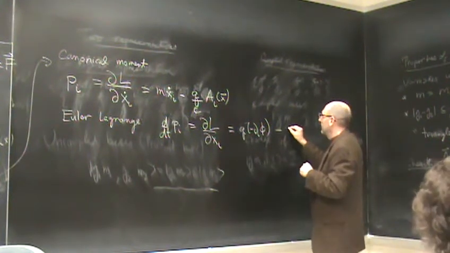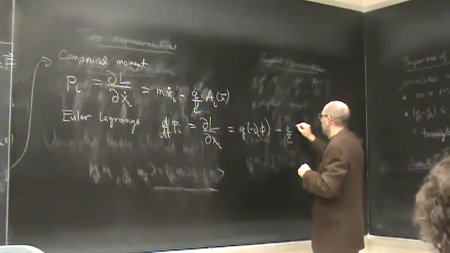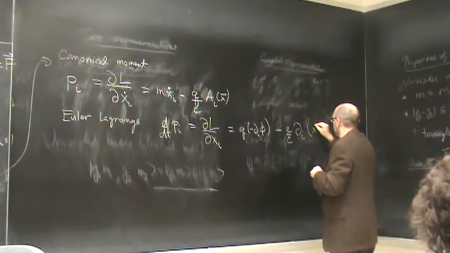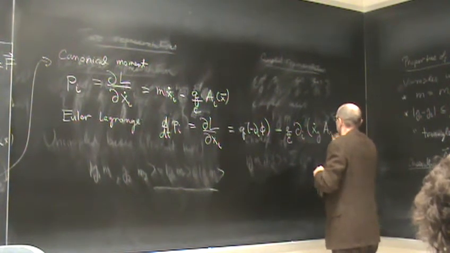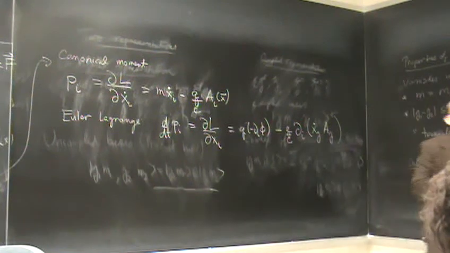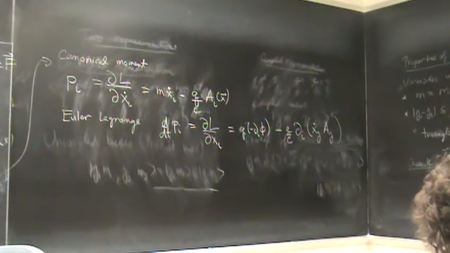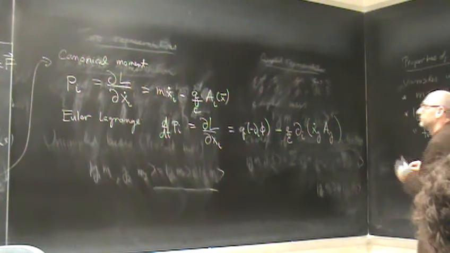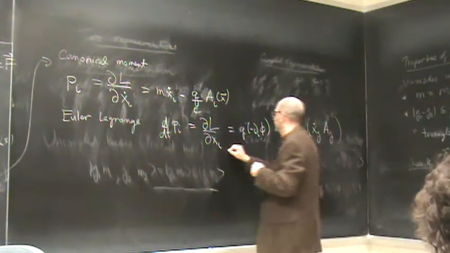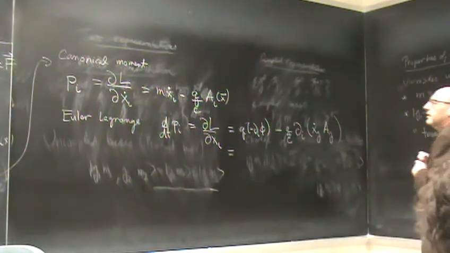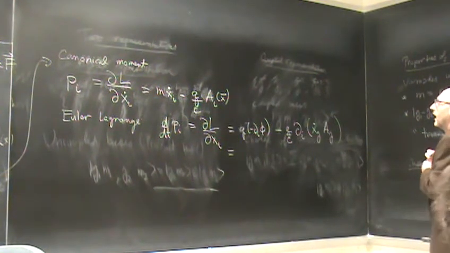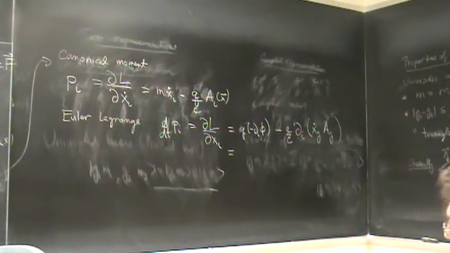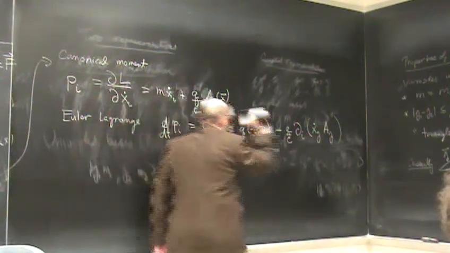So now I have to take minus Q over c, the partial with respect to x_i of x dot sub j, A sub j. Right? That's the dot product. Sum over j. Aha, yes, it was plus. Good. That's what it was. That's correct.